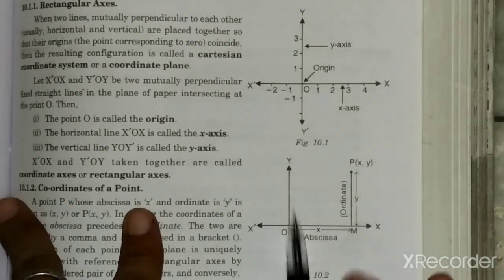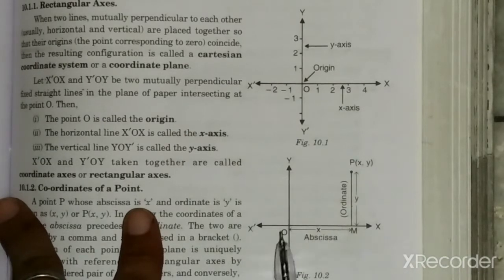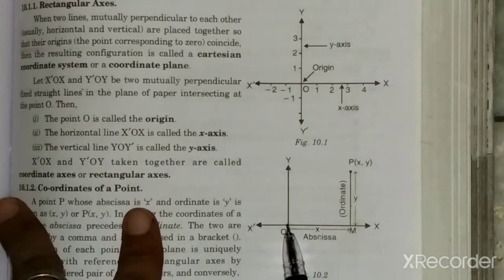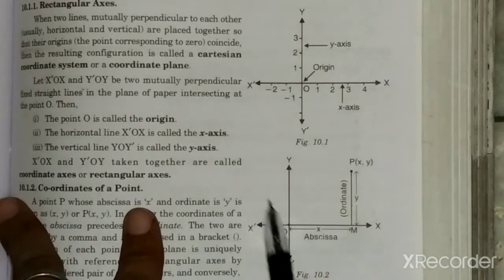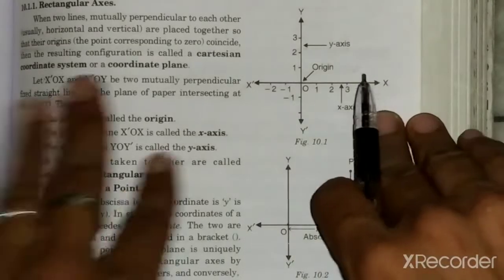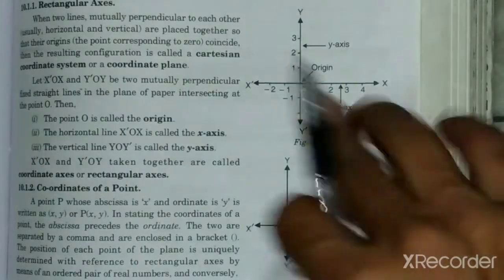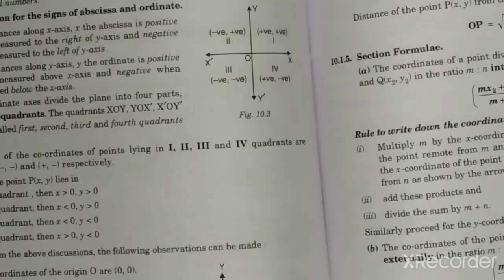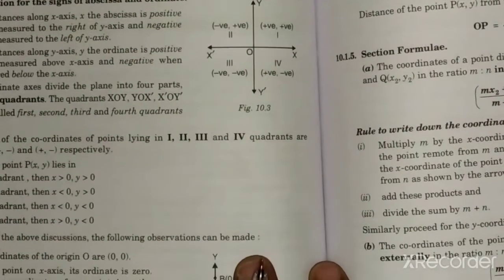Okay, now where the two rectangular axes meet, this point is called the origin, and the four partitions made by the two lines in the plane, these four parts are called quadrants of the system. After that we have discussed how to locate any point, what will be the signs, different signs.